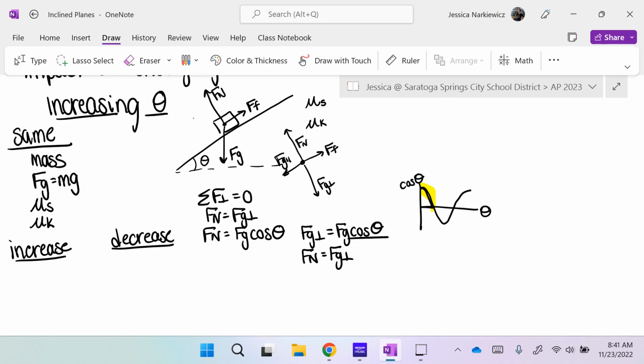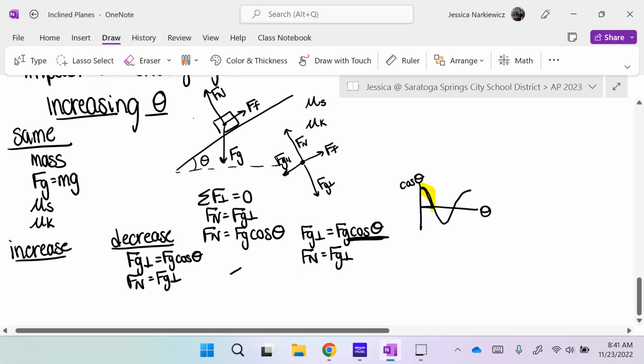So as the angle increases, anything multiplied by cosine theta is also going to decrease. That means my Fg perpendicular is going to decrease, and along with that, my normal force is going to decrease because my normal force is Fg perpendicular.